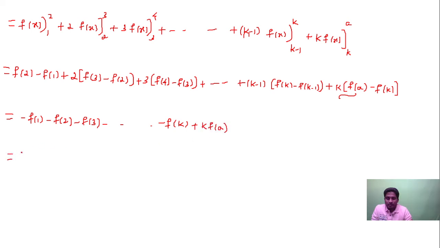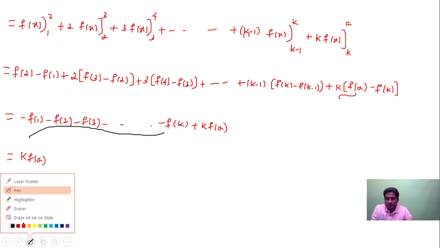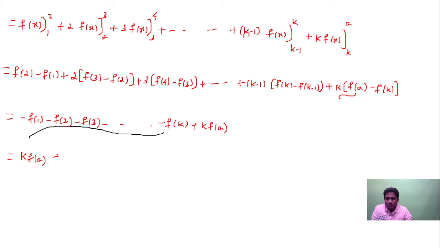First I will write k into f of a, and then for the remaining terms I am going to take minus common. If you take minus common, you will get f of 1 plus f of 2 and so on up to f of k.